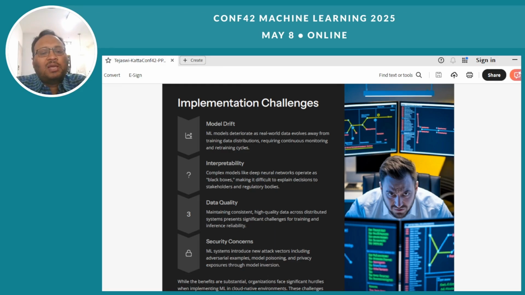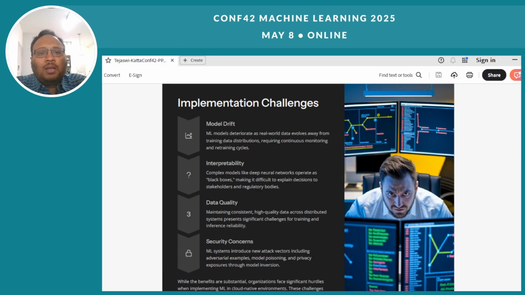Deep networks act as black boxes, making interpretability and auditability difficult. Ensuring high quality data across distributed services remains a perennial struggle. And new security risks, adversarial attacks, model poisoning, privacy leaks require robust defenses. Overcoming these challenges calls for structured processes and specialized skill sets.